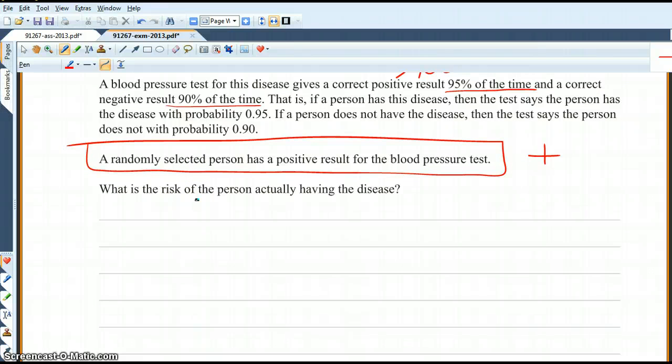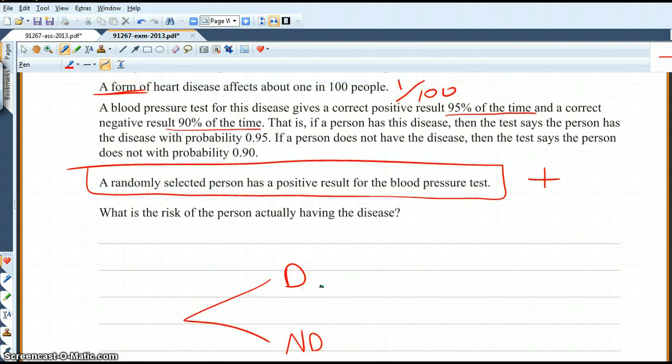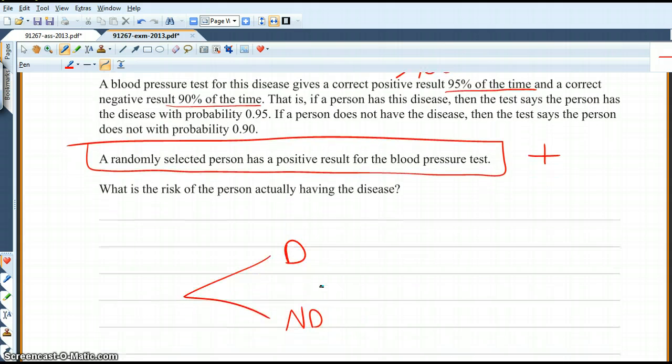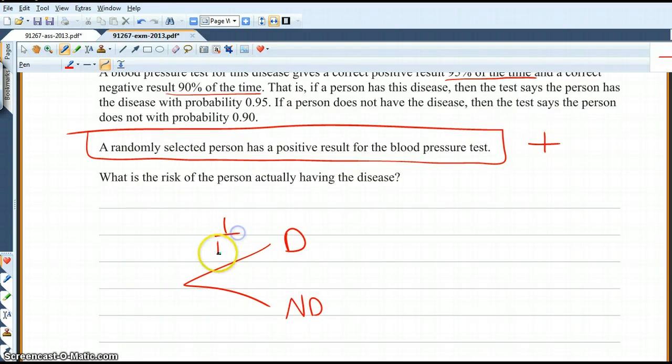Okay, so we have the disease and we have no disease. So we use a form of heart disease as 1 in 100. So that's 99 in 100 don't have the disease. Now if you have the disease, the test says the person has the disease with 0.95.